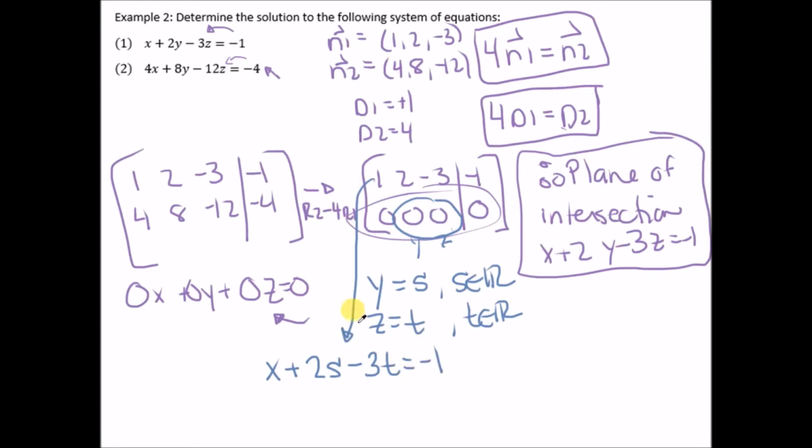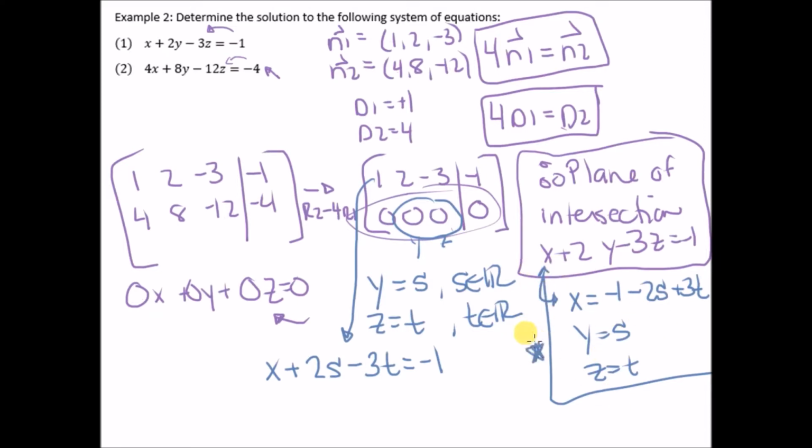equals -1. So instead of writing the plane of intersection as one of the planes that we have, we can write it in parametric form. We can write it as x equals -1 minus 2s plus 3t, y equals s, and z equals t. So we can write either one.